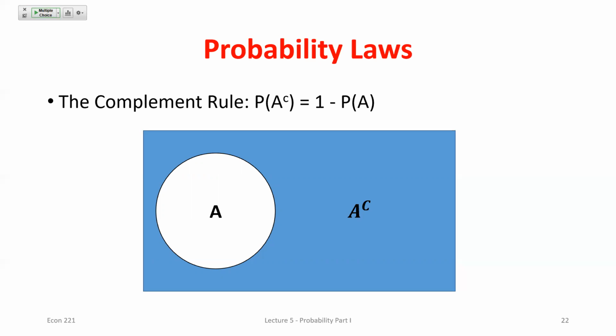Notice if I rearrange this, I can get that the probability of A is equal to 1 minus its complement, or vice versa. If I want the probability of the complement, it's 1 minus the probability of A. But that complement rule is really coming from this intuitive idea: the probability that A occurs plus the probability that A doesn't occur. That's every possible outcome.